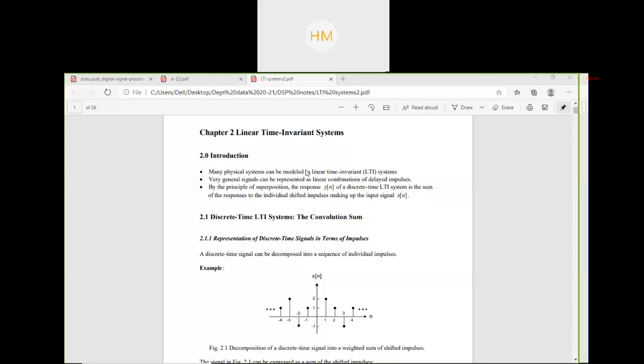H of n and x of n were given to you, or y of n was given to you. Not a single student was able to simplify that question.